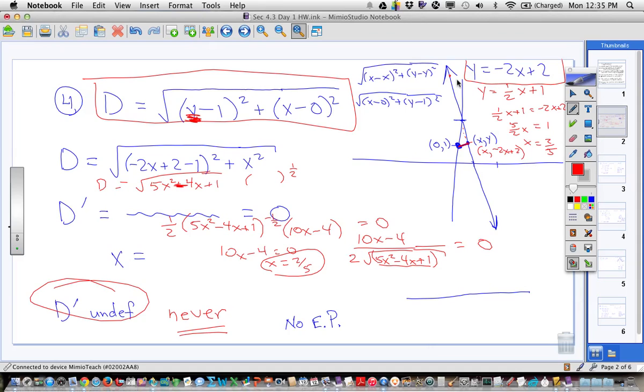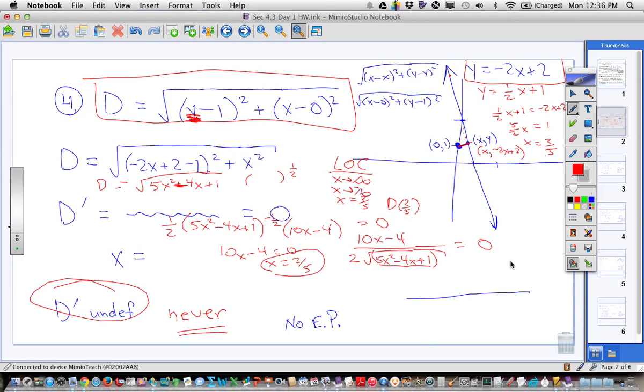So you could discuss that. You could actually write a little paragraph discussing that. Or you could do your list of candidates and talk about x going to infinity and x going to negative infinity, and talk about x equals 2/5, right? And put 2/5 into your distance equation, get that distance, and then talk about what happens at infinity and negative infinity, and what's going to happen is the distance is going to get bigger and bigger and bigger, and so that's not going to be a minimum.